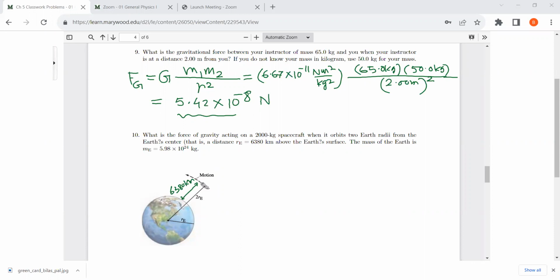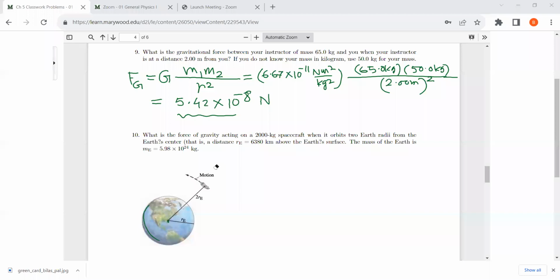But because earth is a very big object, we have to measure the distance from the center of the earth. So when you have a big object like this, make sure you plug in the distance measured from the center of the object.